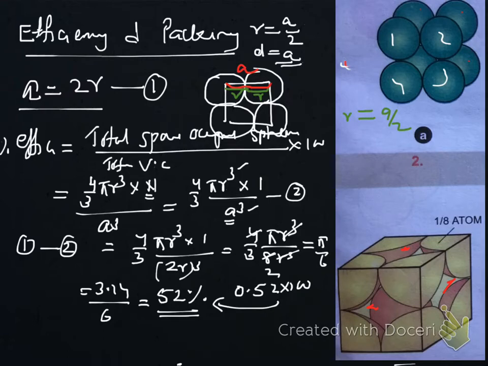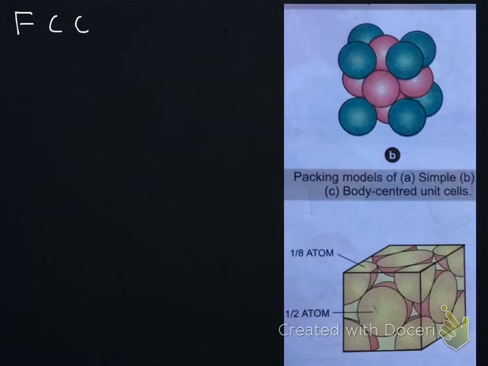In face center you have to push a particle into this cavity. At the center of the face you can push a particle of the same size. Then these four spheres move away to give space for that fifth particle. Then it will become like this. So the front view is like this.